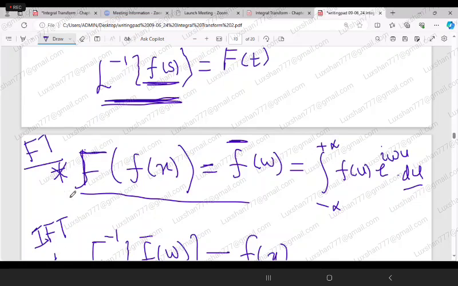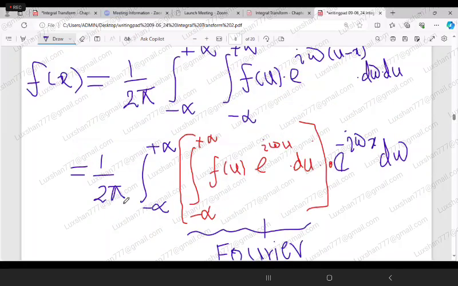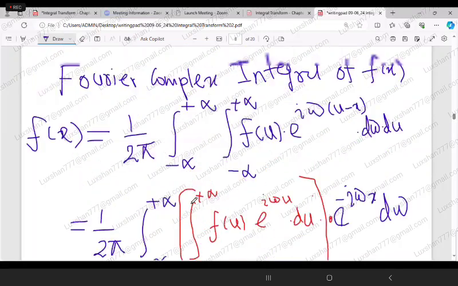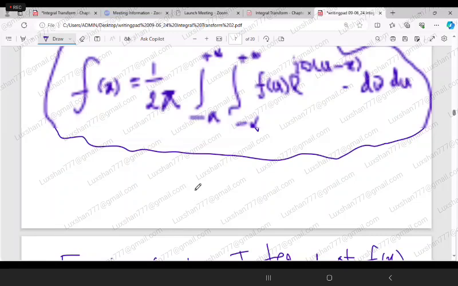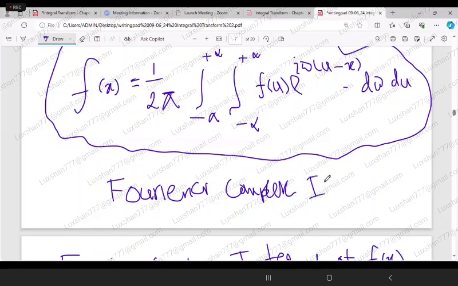So these are the two definitions. This one we call the Fourier complex integral. From the Fourier complex integral, we are defining two things.